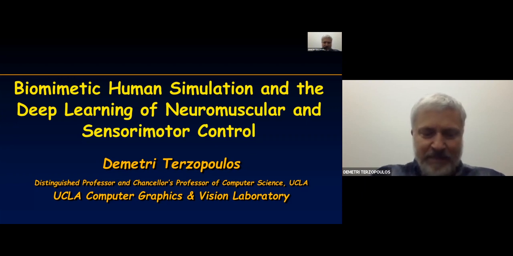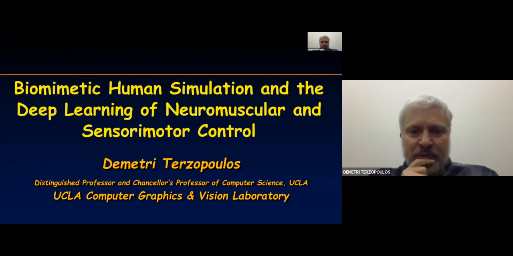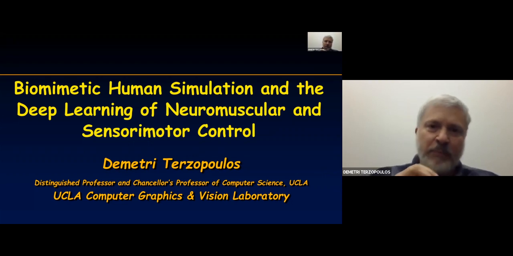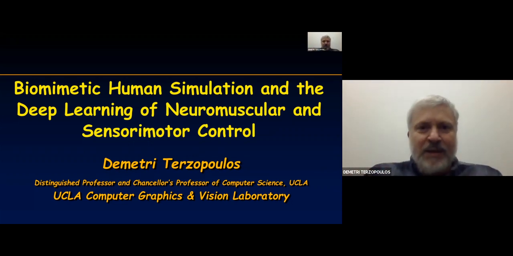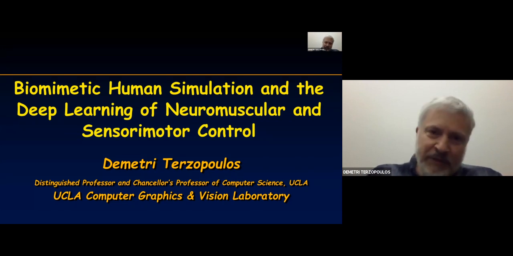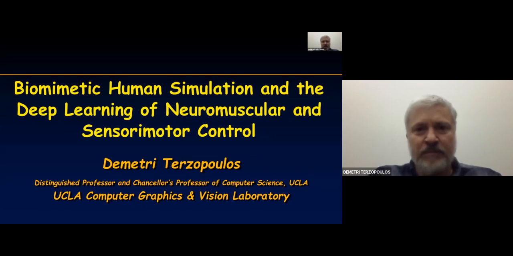As Rita mentioned, I'm a professor at UCLA in computer science, and I direct the UCLA Computer Graphics and Vision Laboratory, where we combine graphics and vision. And on the graphics side is simulation, including physics simulation, but biomechanical simulation and biological simulation in general.